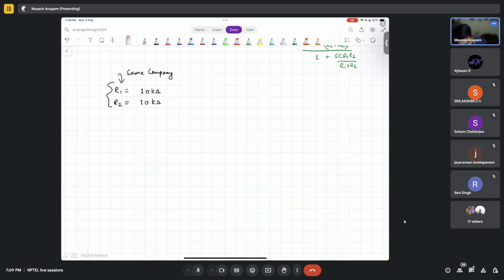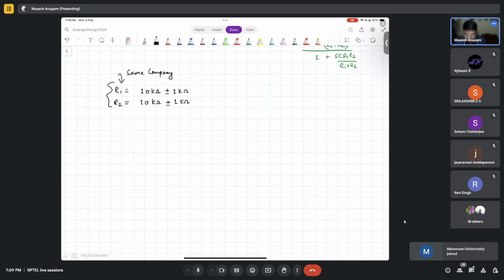They will have 10 kilo ohm plus minus something. Let's keep a 10% variation. So let's say 10 kilo ohm plus minus 1 kilo ohm.